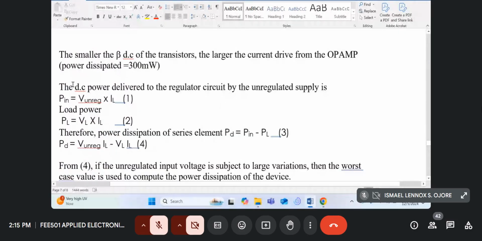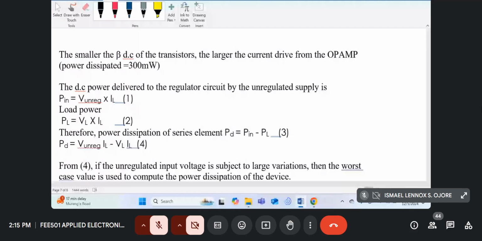Now, in such a circuit, the DC power delivered to the regulator by the unregulated power supply can be written as, we can call it Pin, the unregulated power, which is the voltage times the current in. So if I was to maybe draw our regulator here, and this is our load.